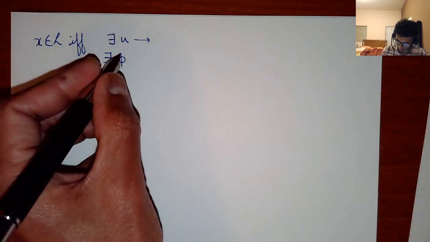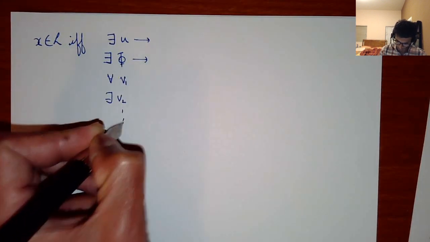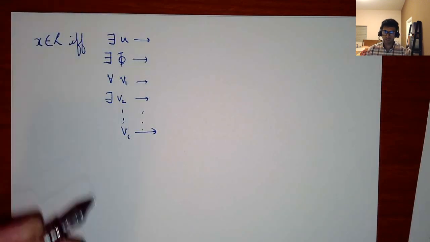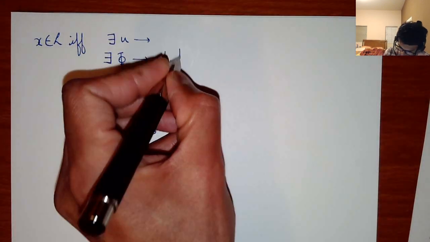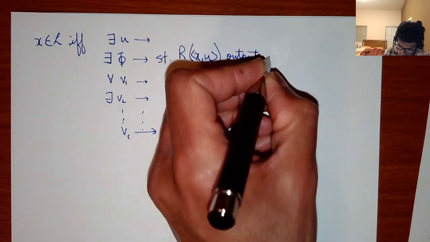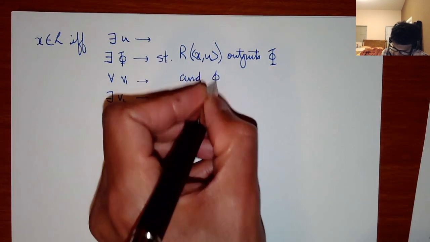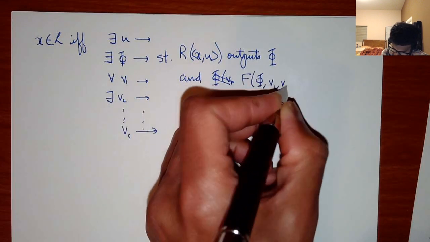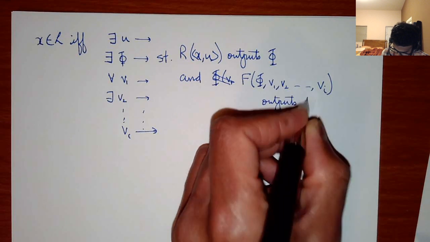Again, you can non-deterministically guess what the phi is, such that for all V1 there exists V2, and so on and so forth up to Vi, such that R of xu outputs phi, and f of phi, v1, v2, up to vi outputs 1.